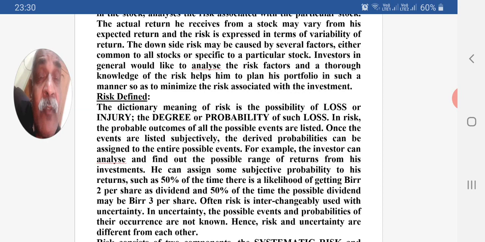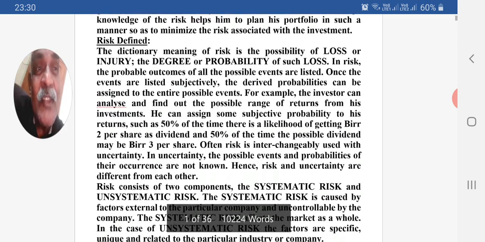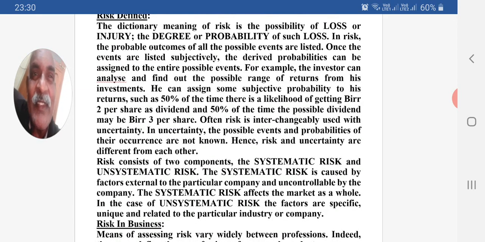Then the rest, the probability of 50%, maybe to get 3 rupees per share. So often risk is used interchangeably with uncertainty, because you don't know whether you will get 2 rupees per share or 3 rupees per share, and the chance is 50-50. In uncertainty, the possible events and the probability of their occurrence are not known. Risk and uncertainty are different from each other.